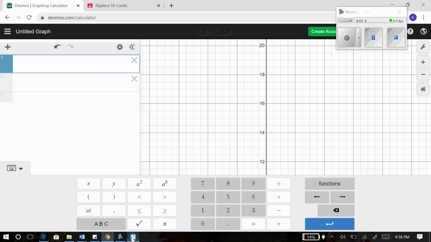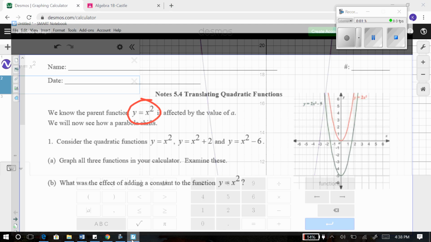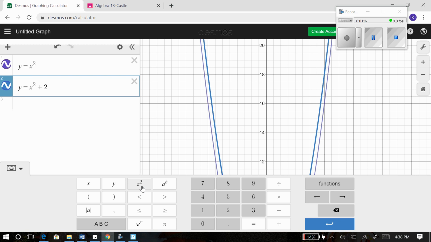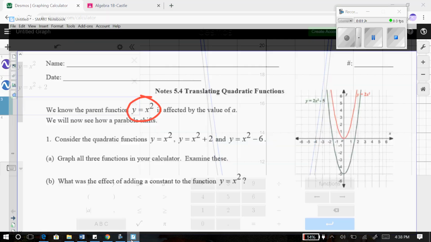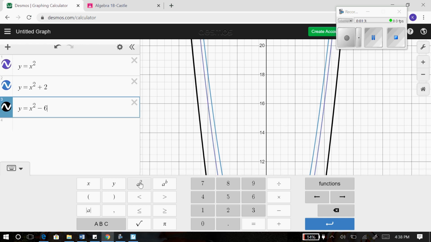All right, let's type in here x squared. So y equals x squared is our first one. Then our next one is y equals x squared plus 2. And then our next one is y equals x squared minus 6.